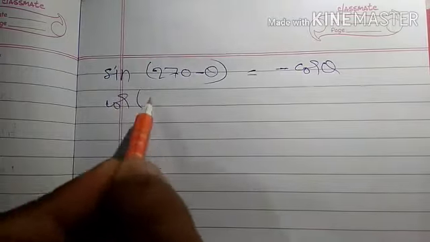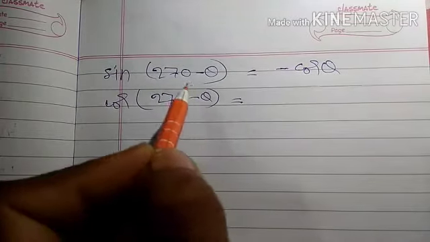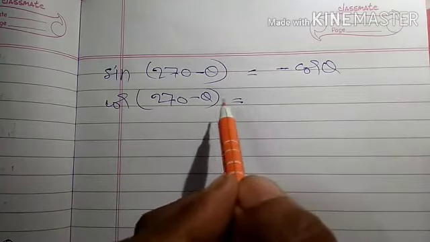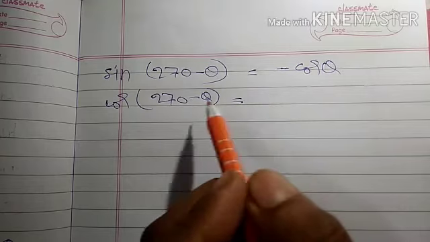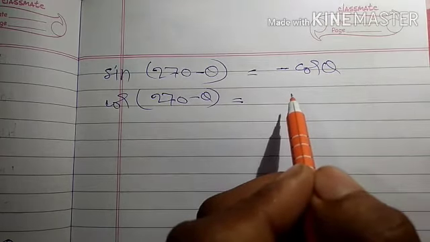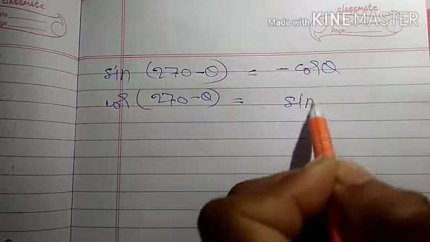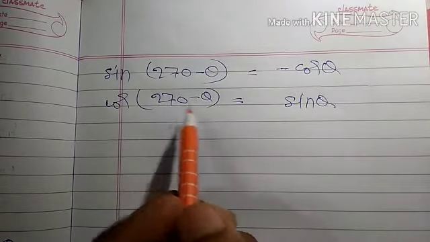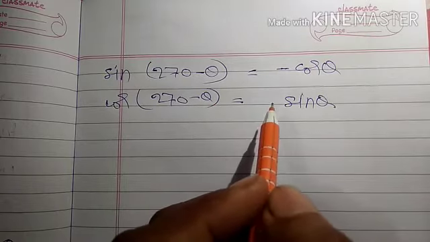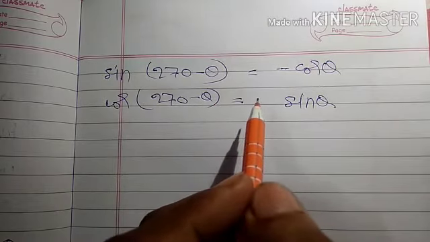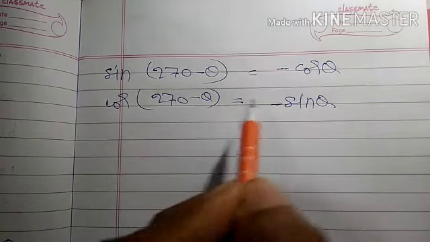Next, cos(270 − θ): functions change is allowed, so cos θ changes to sin θ. In the third quadrant only tan θ and cot θ are positive, and the other functions are negative, so cos θ is negative.